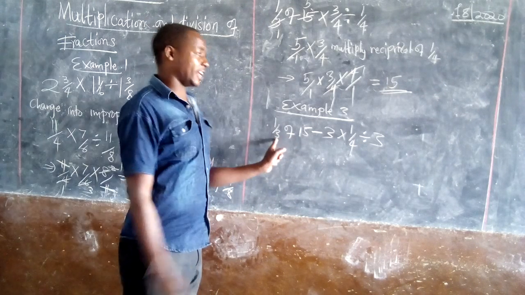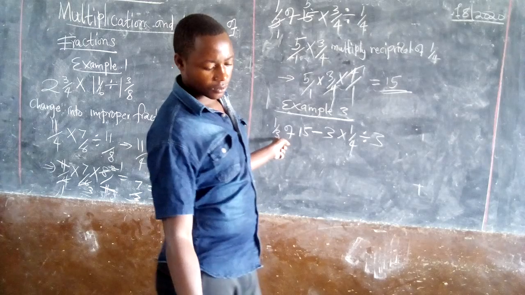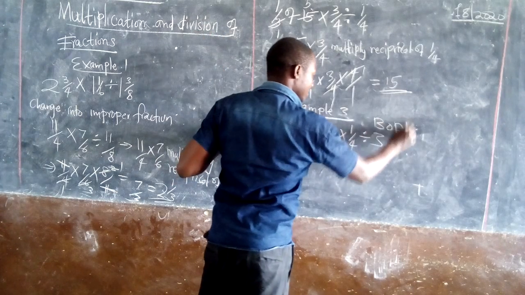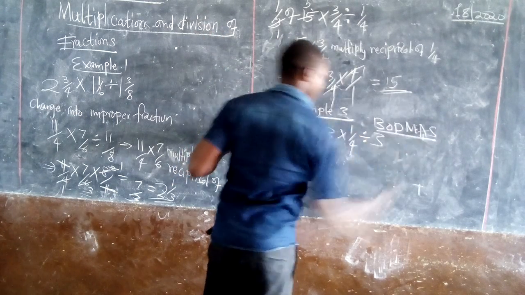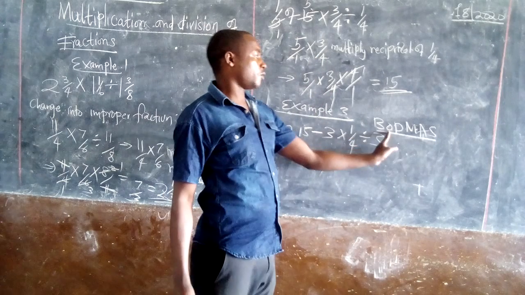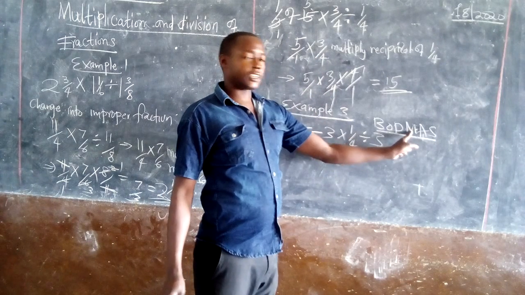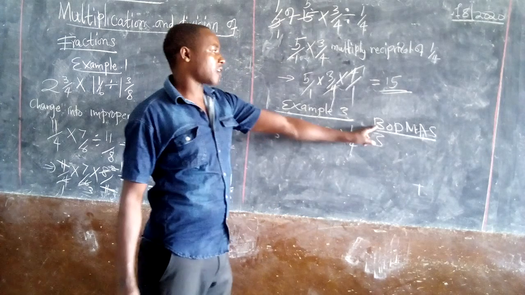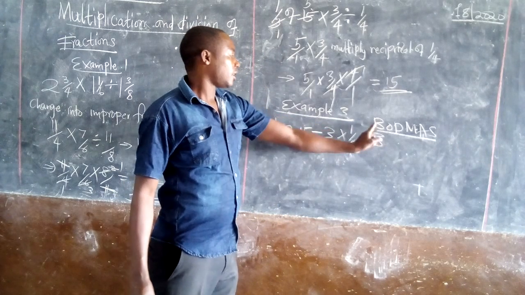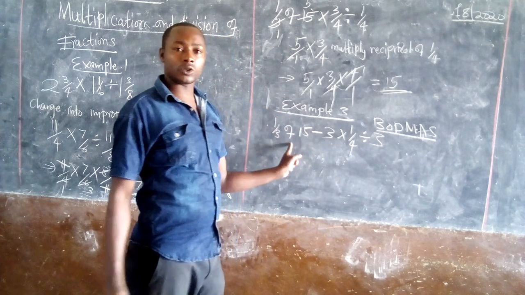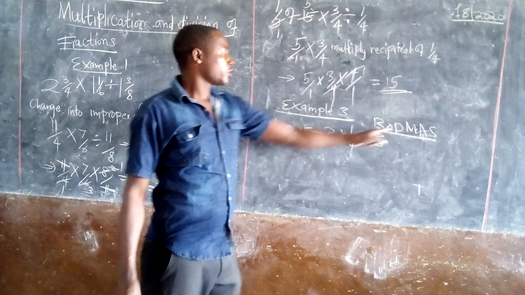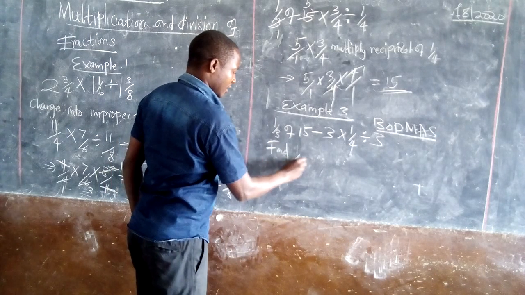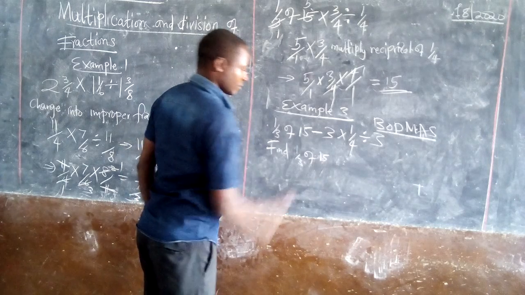So we start by finding a third of 15 because we follow BODMAS: brackets, of, division, multiplication, addition, and subtraction. The sign that comes first is brackets, but in our question we do not have brackets. So we go to "of". Find a third of 15 first.